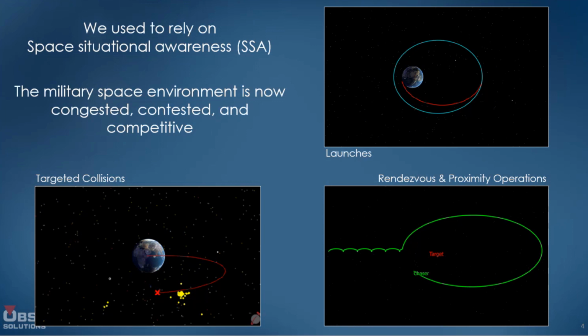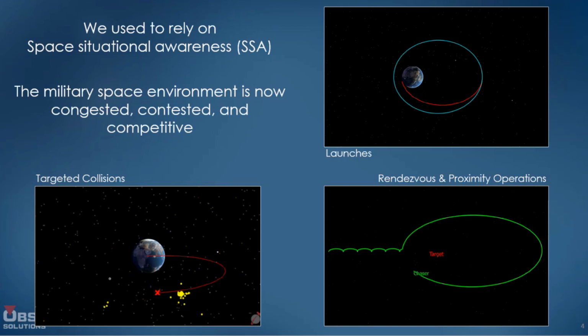Well, no longer can we just do that. For example, with a launch, where is it going? There are nations that intentionally try to evade space surveillance sensors and fly in the dark, as it were. And so we have to ask, is there a nefarious purpose behind that? For example, is it an anti-satellite weapons test?